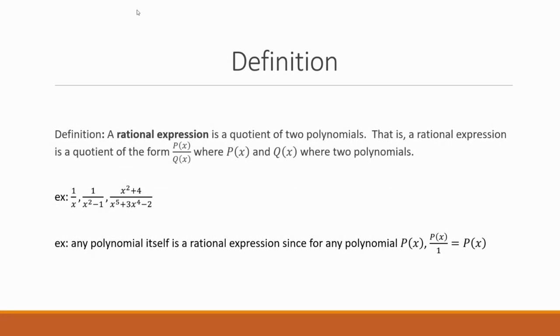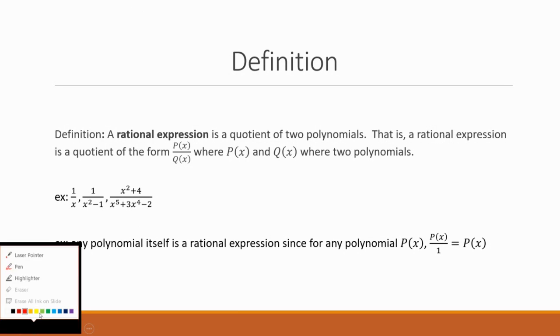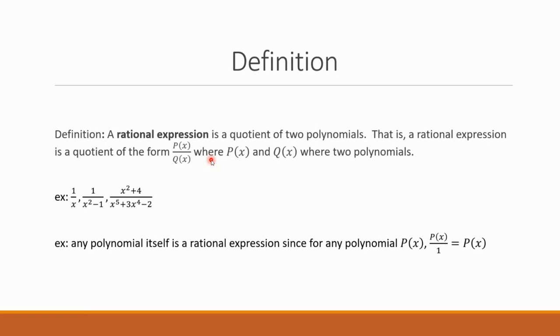A rational expression is a quotient of this form, where P and Q are two polynomials. It's essentially a fraction of polynomials. Here are just some examples.